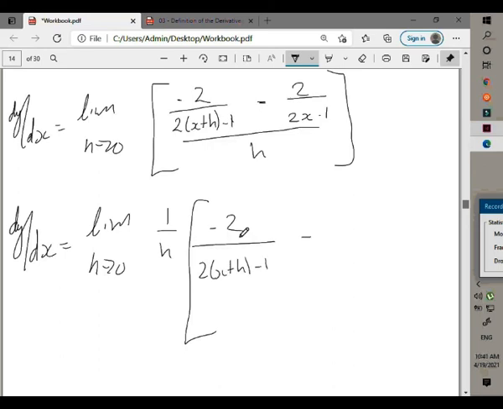Alright, I need to always remember to use your bracket, so pay attention to that. So it's going to be positive now, 2 over 2x minus 1. We can make this larger.